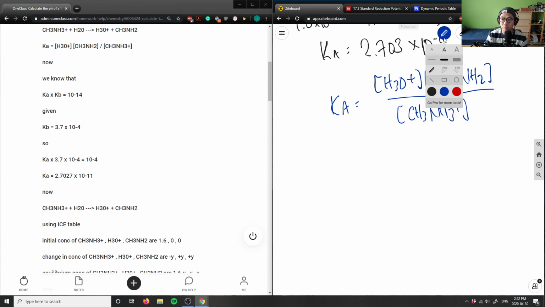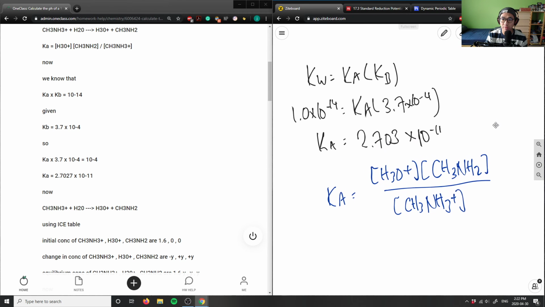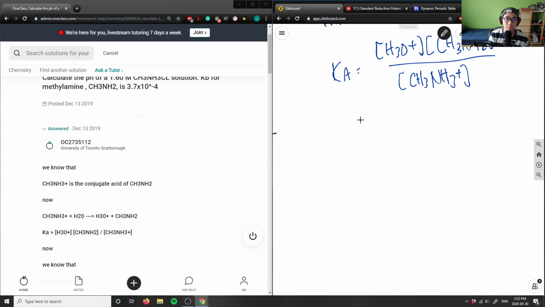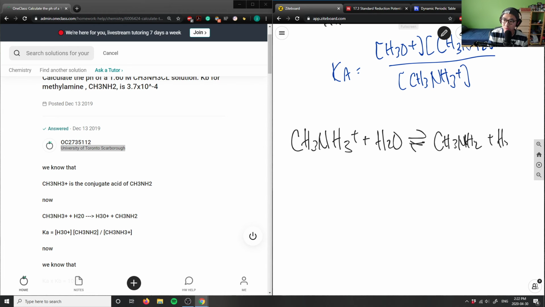So I have my K expression, which is great. I'm going to have to do an ICE table now, so let me draw it out. Because I want to figure out what to plug into my K, I have CH3NH3 plus and H2O, which gives me CH3NH2 and H3O plus.